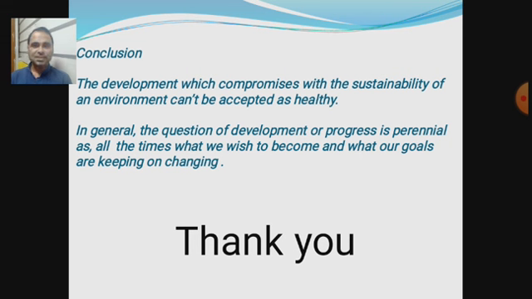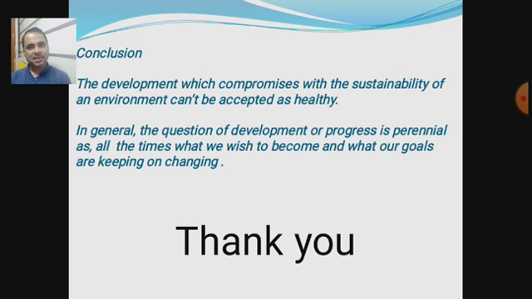So in general, the question of development or progress is perennial, as what we wish to become and what our goals are keep on changing. So in this chapter, the most important thing we need to understand is what is development, which, as we have said, means achieving our set goals and aspirations.